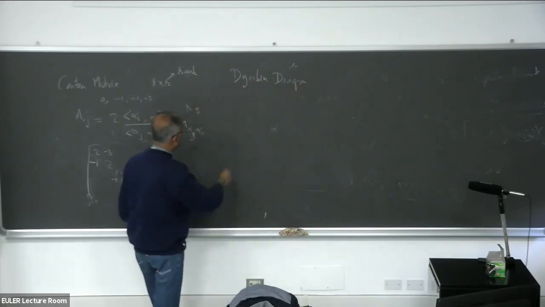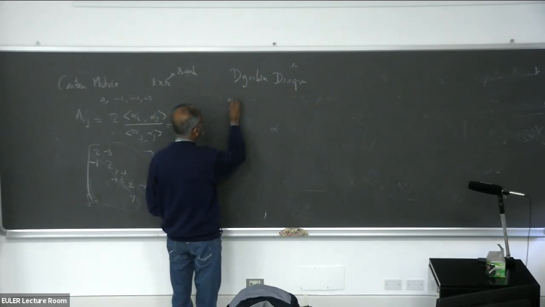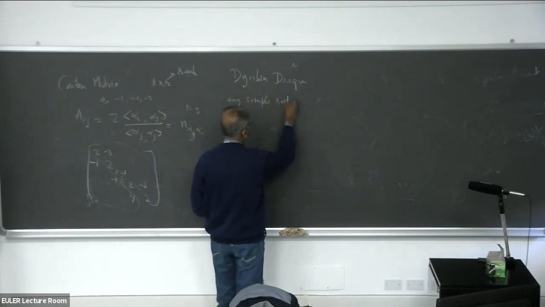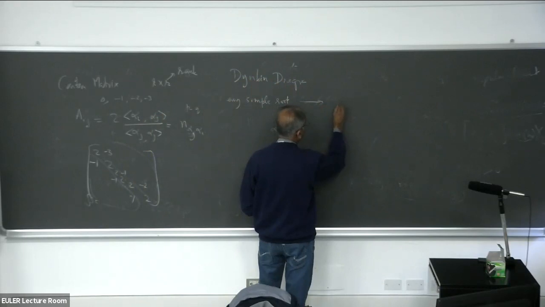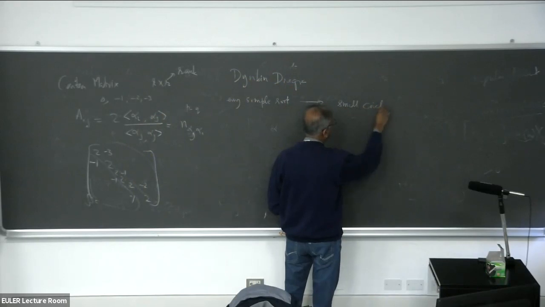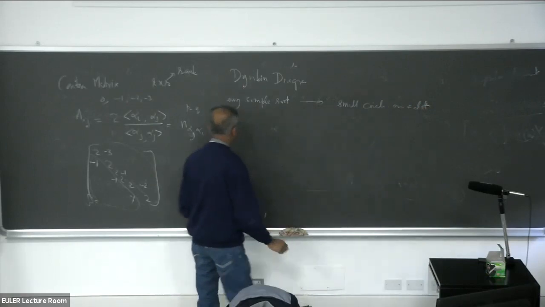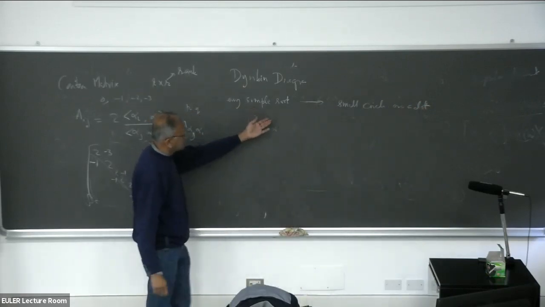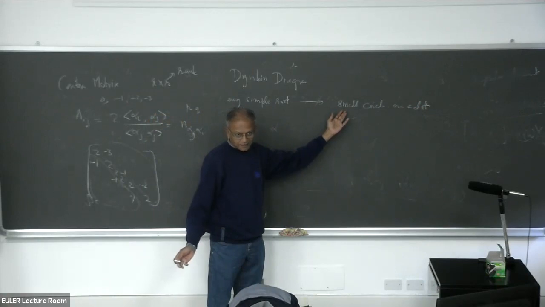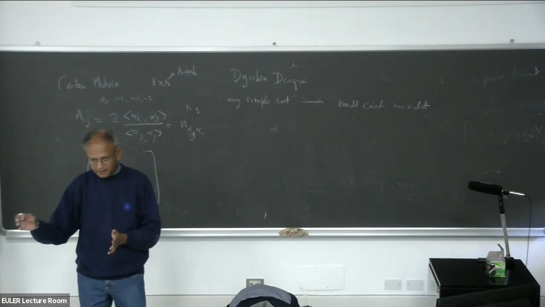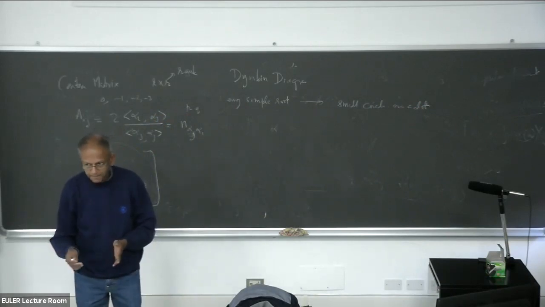The rule is that for every simple root, you put a small circle, or a dot, doesn't matter. The number of these circles will be exactly equal to the rank, because the number of simple roots is equal to the rank of the algebra, the rank being the dimension of the Cartan algebra.